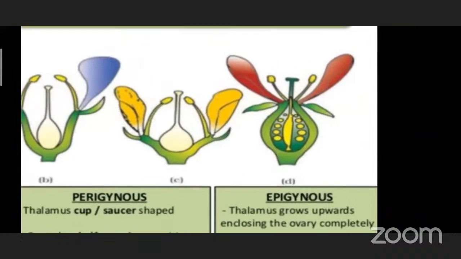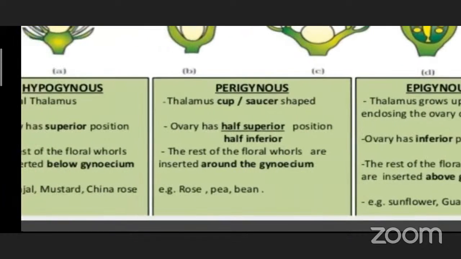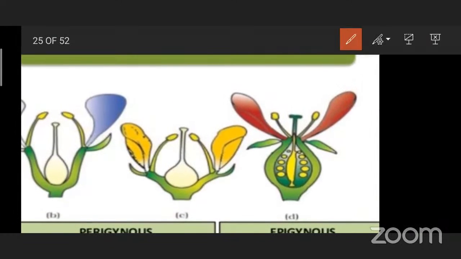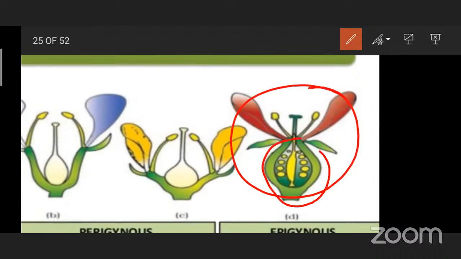And the third one, epigynous. The thalamus grows upward enclosing the ovary completely. The ovary has an inferior position.